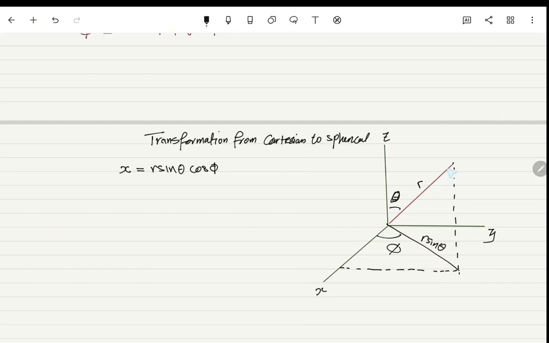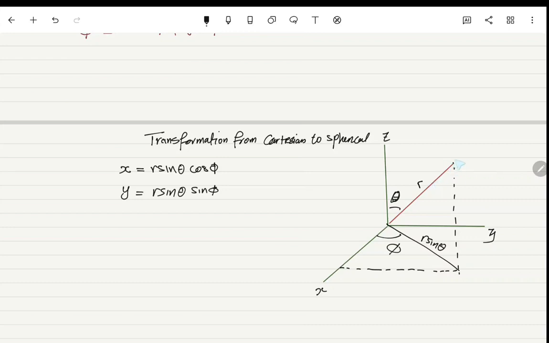Again, this r here, it has intercept in the xy plane, and the new name for this vector will be r sine theta, and it has intercept on the y-axis, and if this is phi, so it will be r sine theta sine phi. So y equal to r sine theta sine phi. This is pretty simple, this one here.